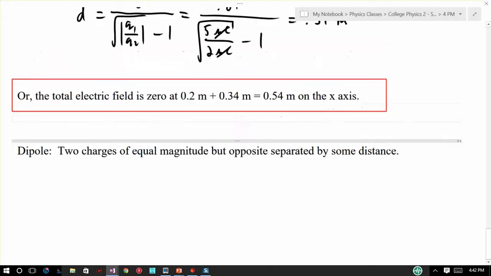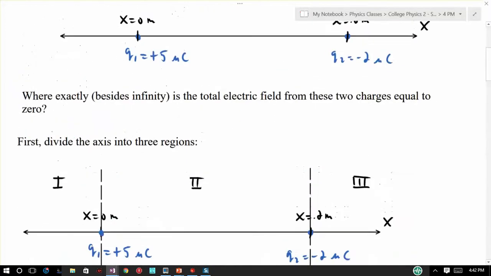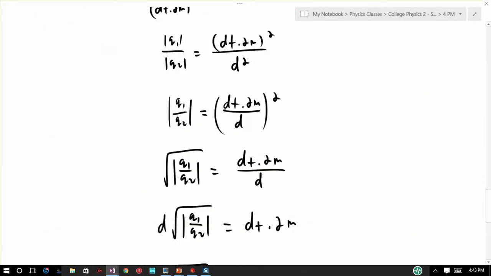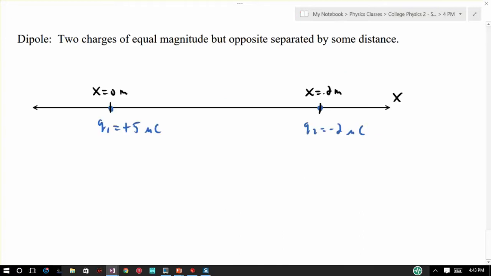Okay, let me borrow this picture here. I'm going to change it, so don't copy this directly. A dipole is pretty similar, except I'm going to get rid of this.